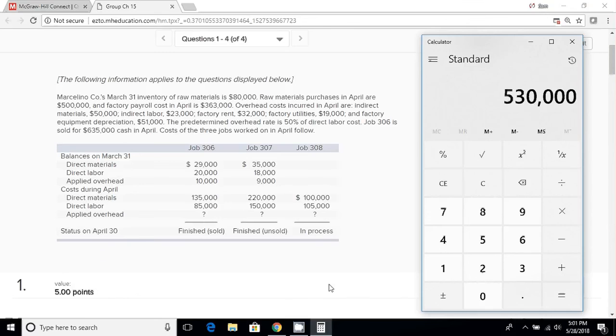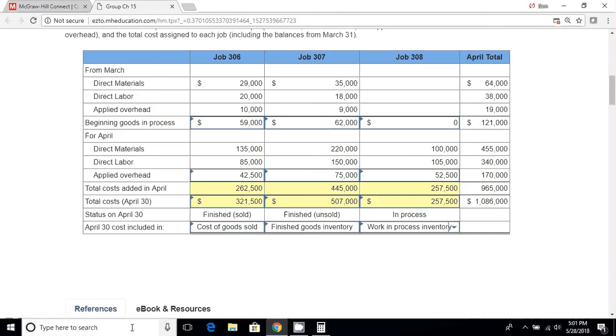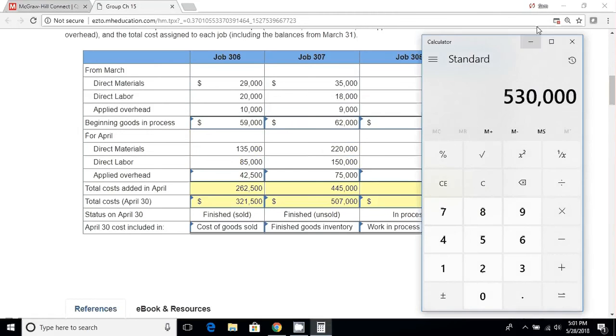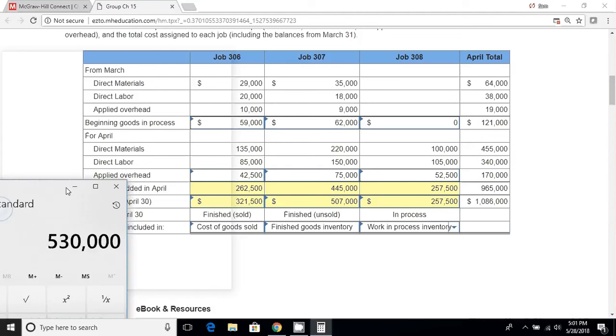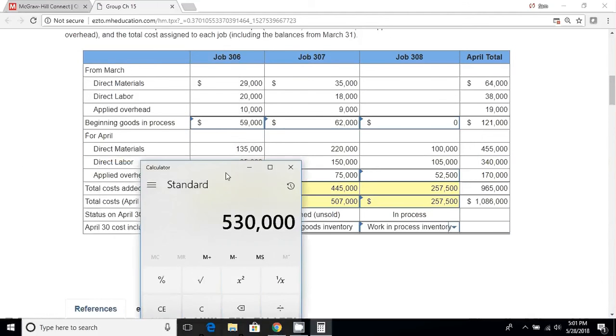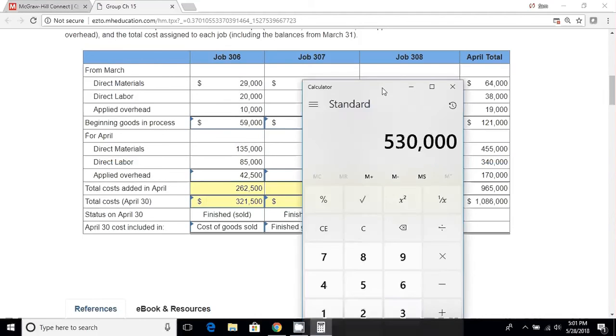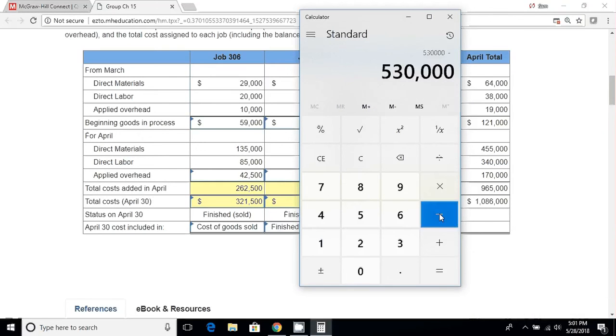And then we also used some direct material. I'm just going to follow that across the line. Direct material was 455,000. So minus 455,000, right? So that was 80,000 from the beginning of April. Add in the purchases of 500,000.